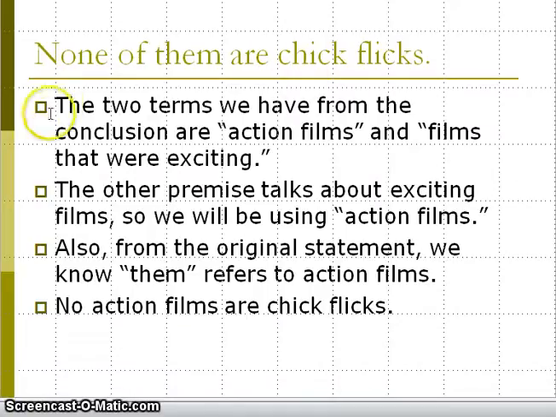We have that here in bullet point 1. Bullet point 2: the other premises talk about exciting films, so we'll be using the term action films. Also, from the original statement, we know that "them" refers to action films. So no action films are chick flicks.